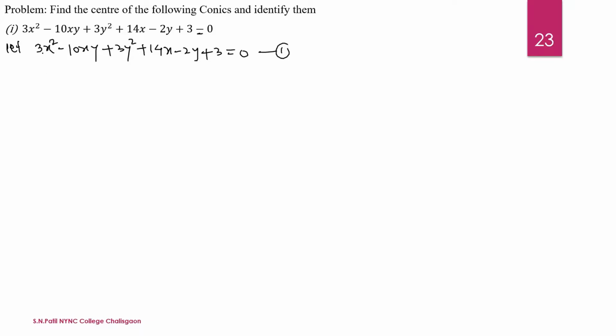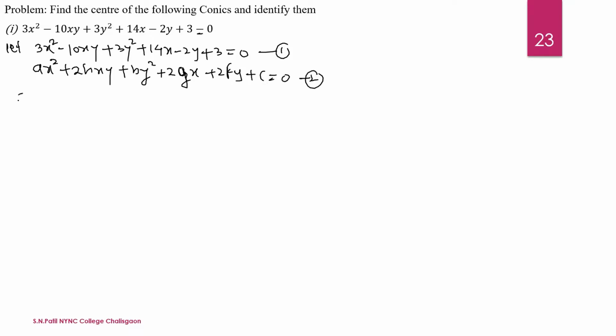Now consider the general second degree equation, which is ax square plus 2hxy plus by square plus 2gx plus 2fy plus c is equal to 0. Now compare 1 and 2.